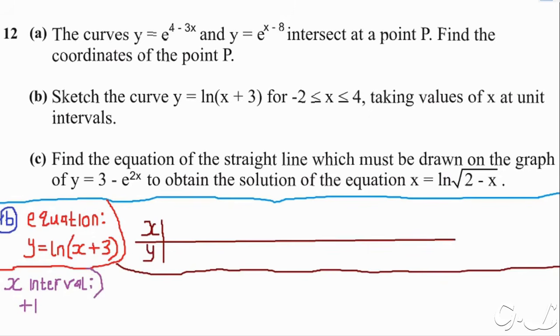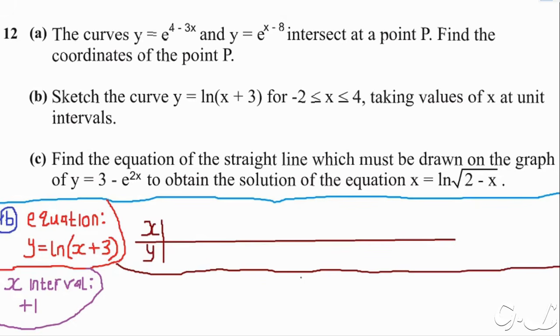Since the question says taking values of x at unit intervals, in this video tutorial we chose the unit interval to be positive 1. So the unit intervals are plus 1 units. If you want, you can choose any unit interval that you want, such as 0.5.